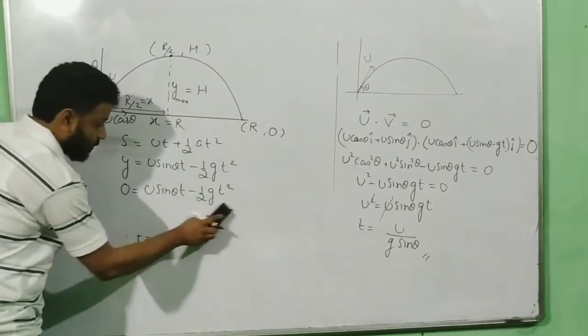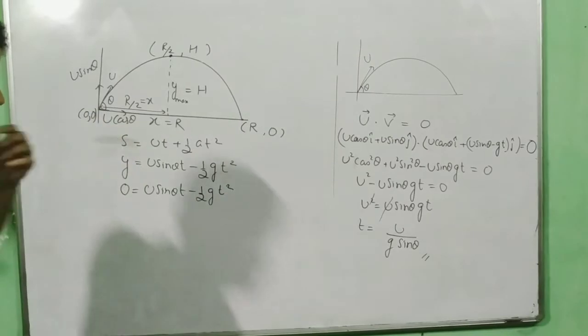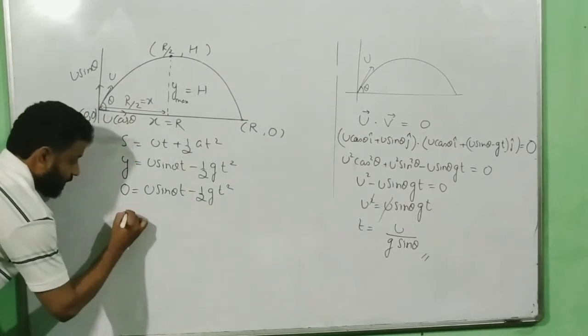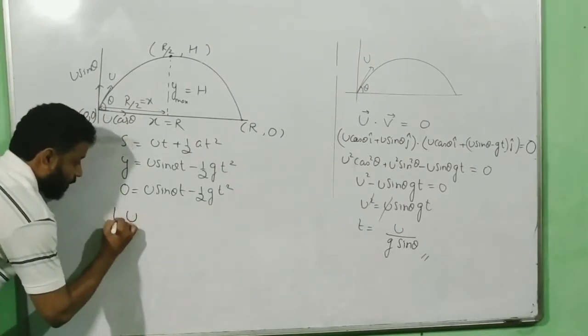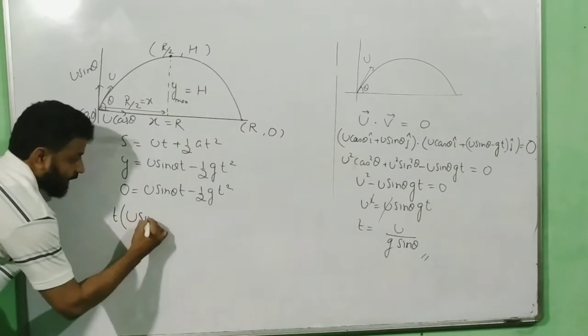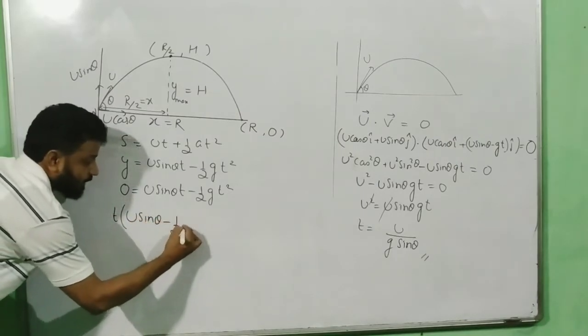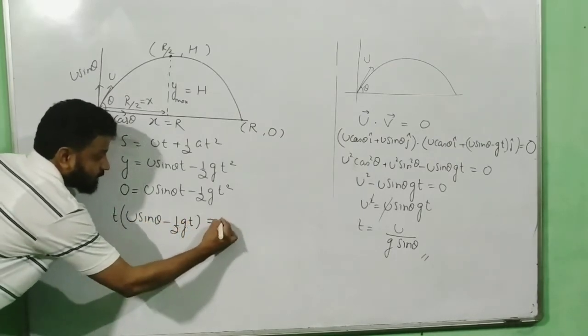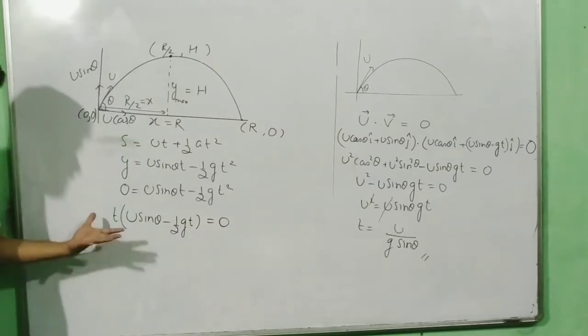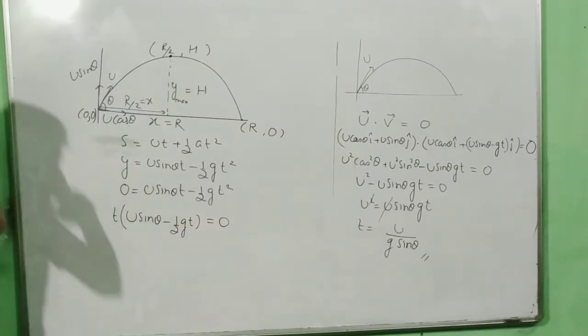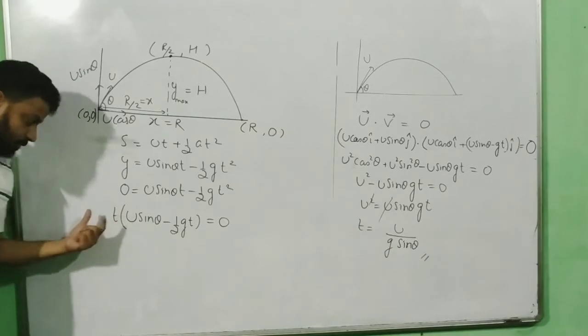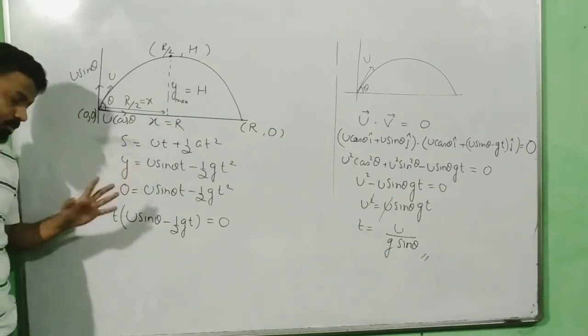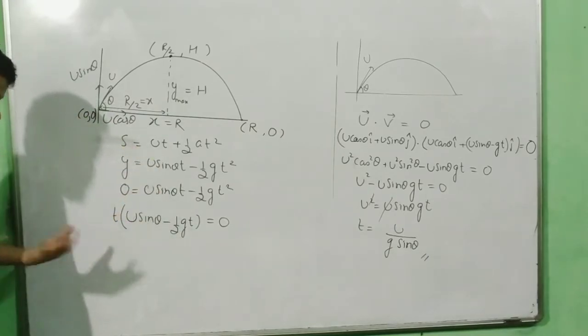But there is one more way over here, and I want to discuss that. I can take t common, correct? If I take t common, I can write this as t times u sin theta minus half g t, and that must be equal to 0. Same thing. Here you can get the answer in two ways. I'm sorry, there are not two ways, there are two logics over here.